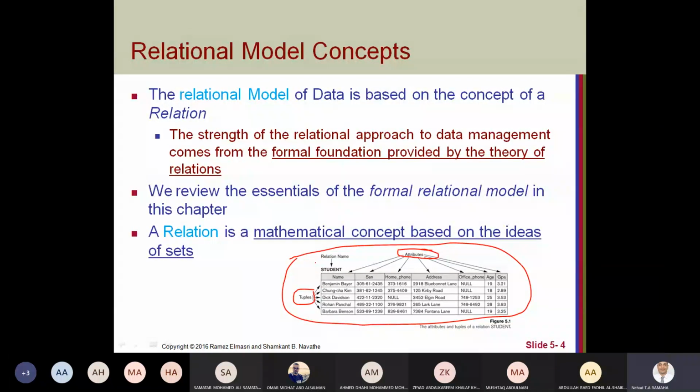Then we have the relation name, which is the table name, and we have the column names here, which we call attributes, and for the rows, we use the term tuples. Then a relational model or relation schema will have many relations and shows each relation and the constraints in it.